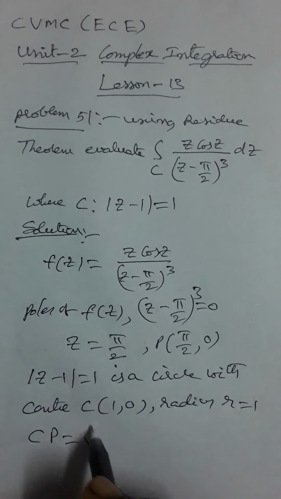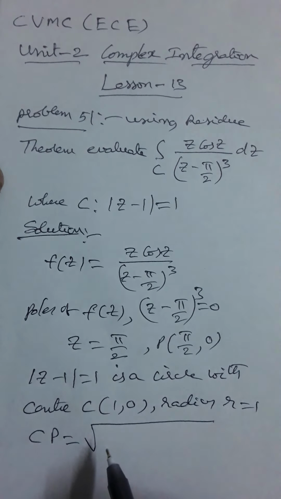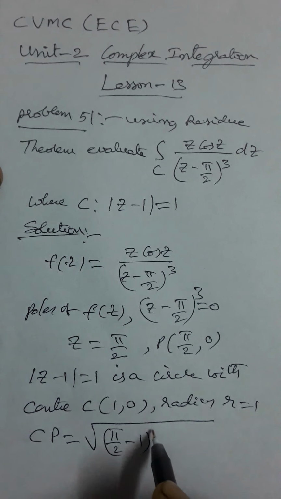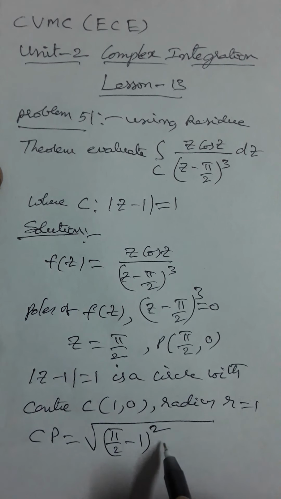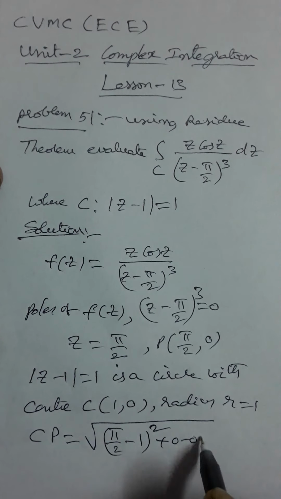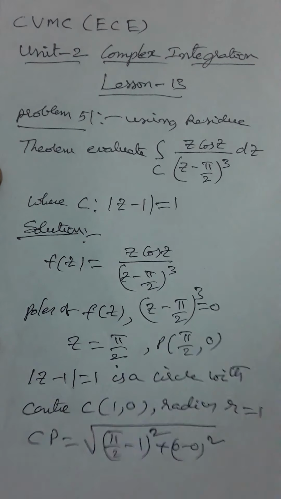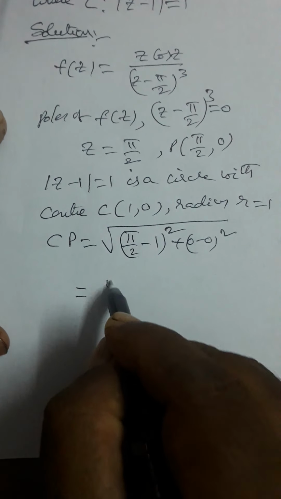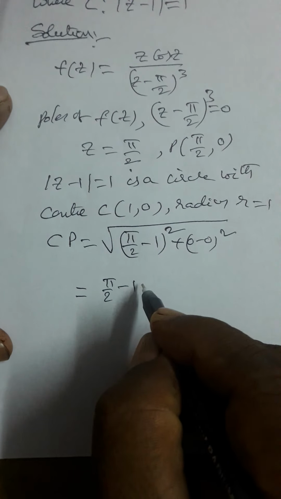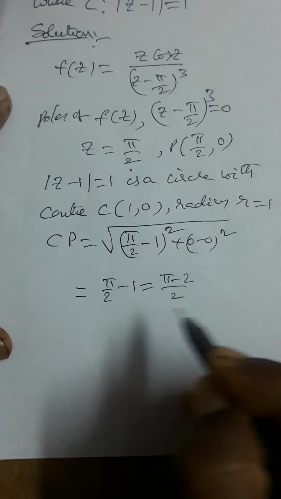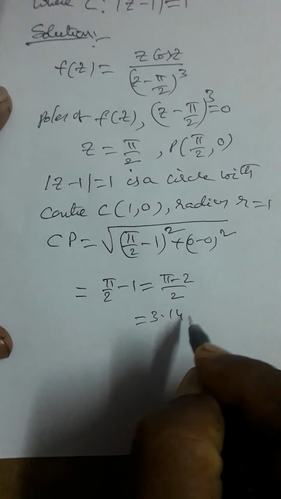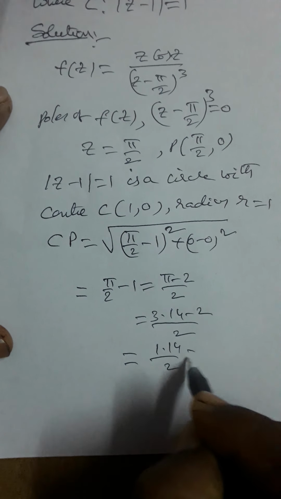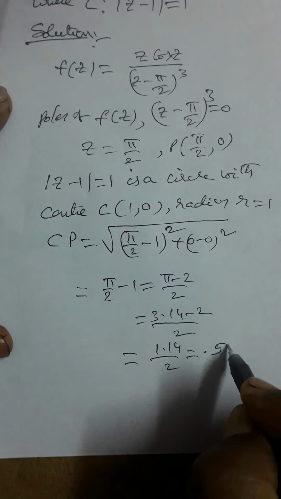CP, the distance between 2 points, is square root of (1 minus pi by 2 minus 1) whole square plus (0 minus 0) whole square, is equal to square root of cancel, pi by 2 minus 1, pi minus 2 by 2, 3.14 minus 2 by 2, 1.14 by 2, 0.57.